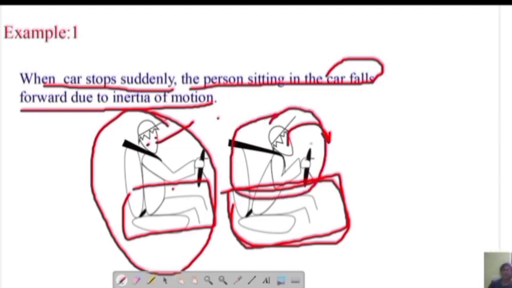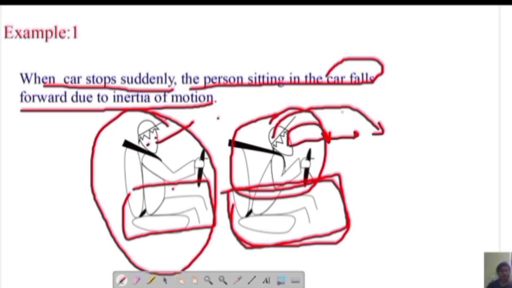Though the lower part of the body comes to rest, the upper part does not come to rest. Why is the upper part not coming to rest? That is because of inertia of motion. It will still be moving. As the upper part is moving but the lower part has come to rest, then what happens to this person? This person will be falling forward.